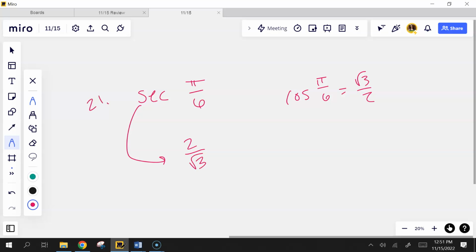I can't leave it there, because I just flip it. That's the answer. It's not about putting it in. Angles are measured in radians or degrees. The answer is just a value.